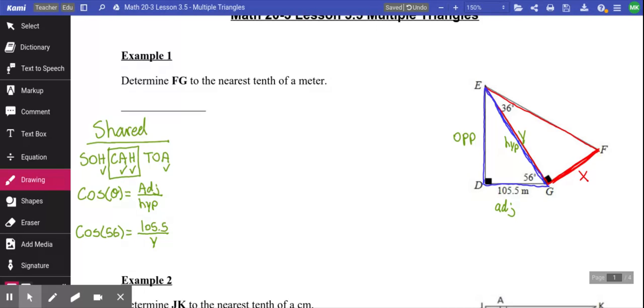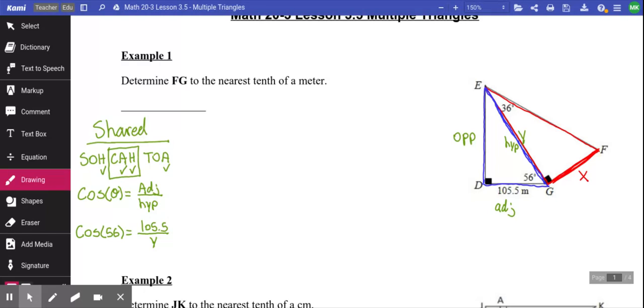Then you actually have to calculate what y is. We've learned that the trick is always multiply or divide, one or the other. If y is on the bottom, we divide. If y is on the top, we multiply. My trick is that whatever the number is, you always type it in your calculator first.